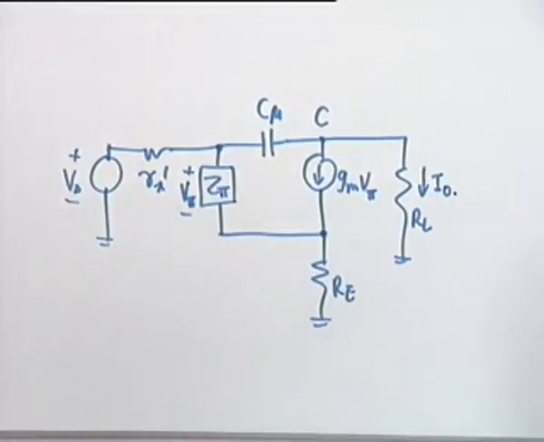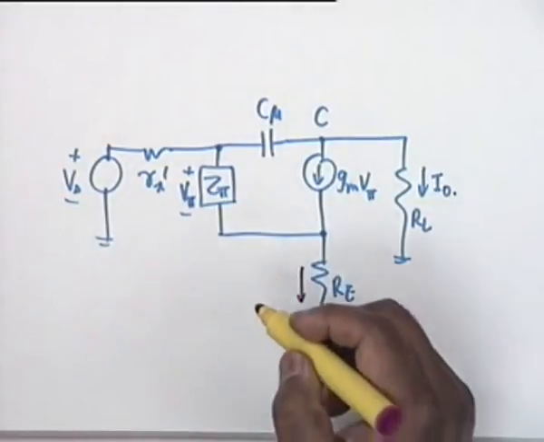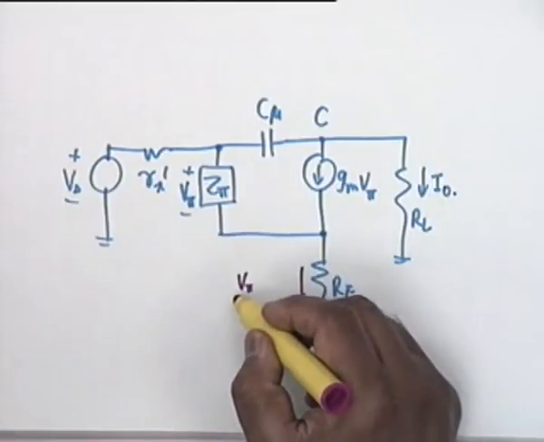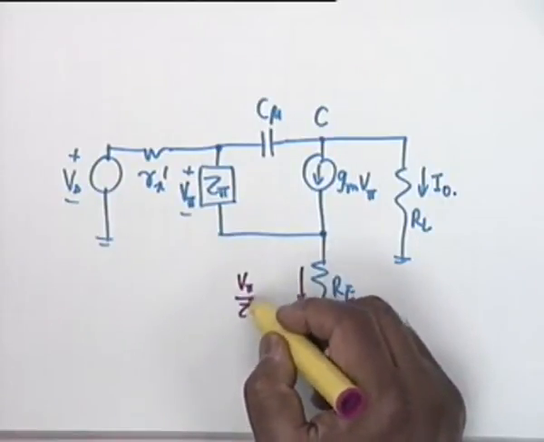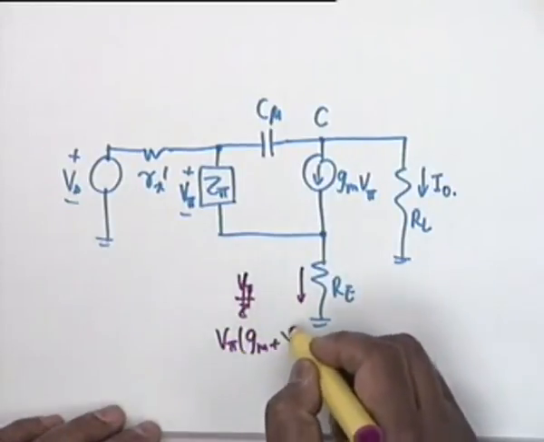The first thing we do before doing anything else is to identify this current. This current is obviously V pi times (GM plus Y pi).